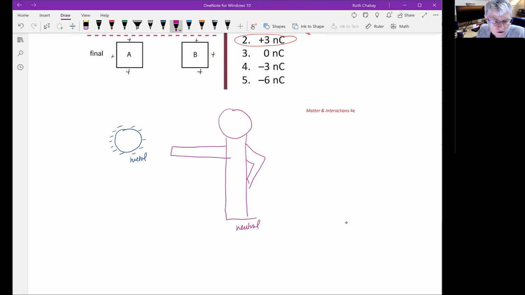What happens if the human touches the ball? So are we conductors or insulators? It could be hilarious. But what actually can happen is, although we're not made of metal, we actually do have on our skins a film of salt water, sweat.